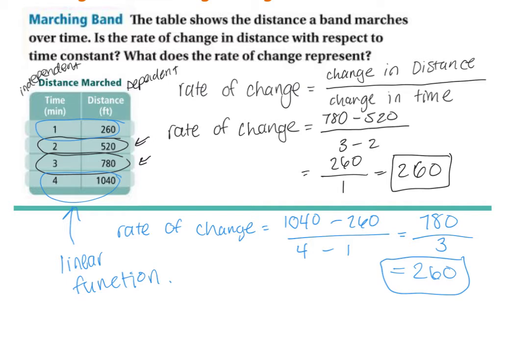So the marching band is moving at a very constant pace, exactly 260 feet every minute. So remember, whenever you have a linear function, you are going to have the same rate of change no matter what points you pick. Coolio? Coolio. Okay, let's go.